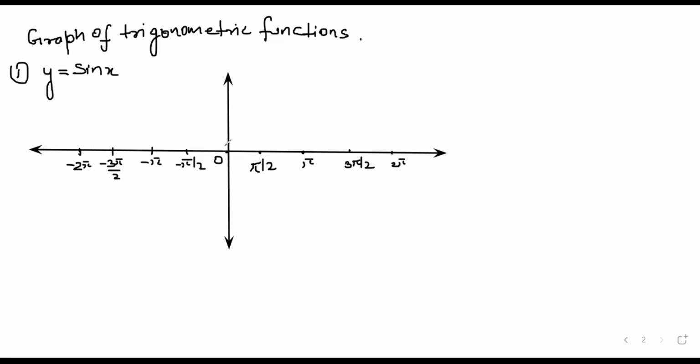The value at 0 is 0, and the value at pi by 2 is 1. So this is the graph of y is equal to sin x.